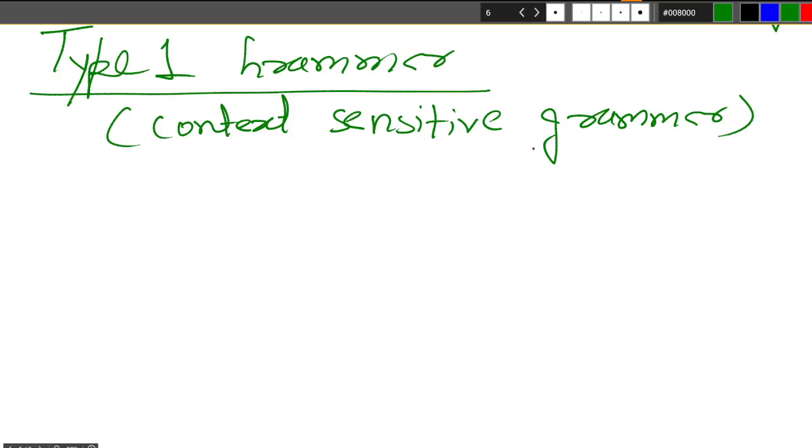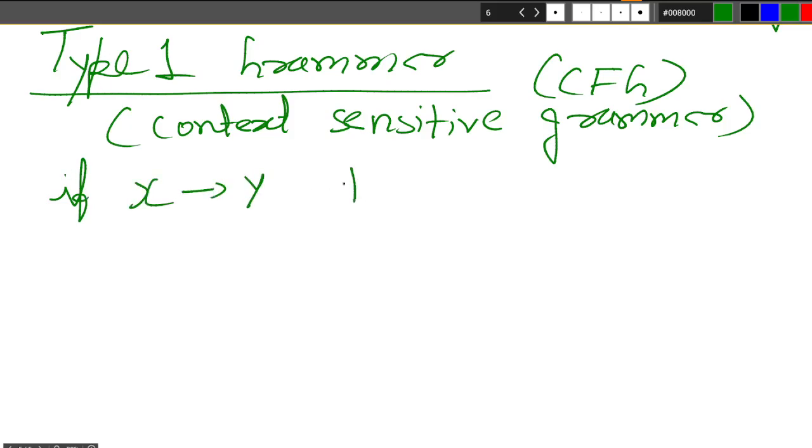So, here you have a restriction which says if you want to write something like x derives y, then the length of x should be less than or equal to the length of y. The length of the left hand side cannot be more than the length of the right side.